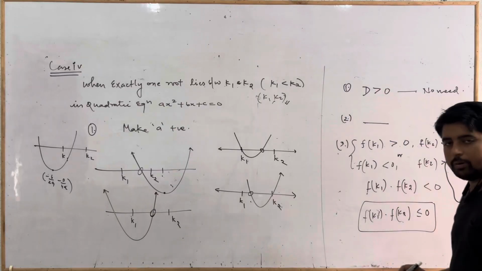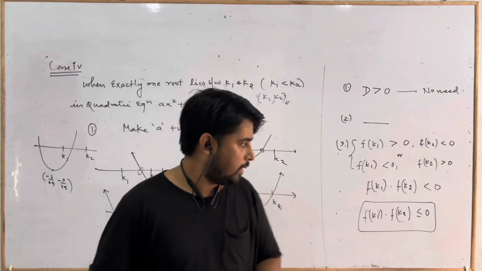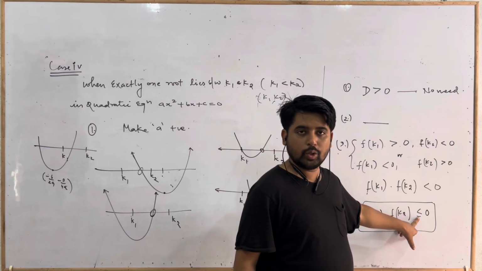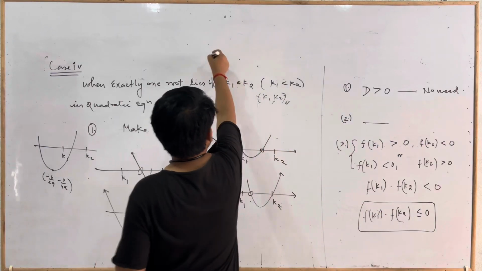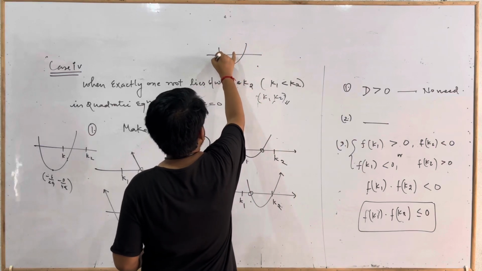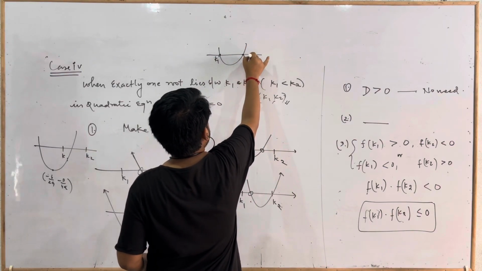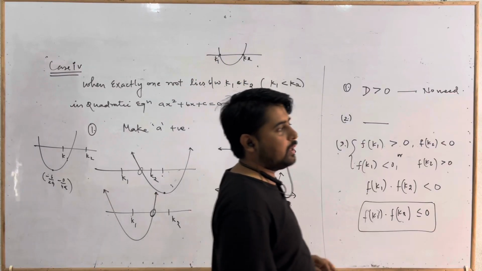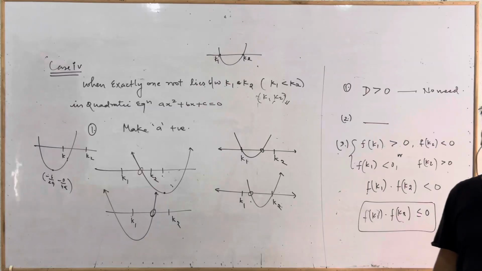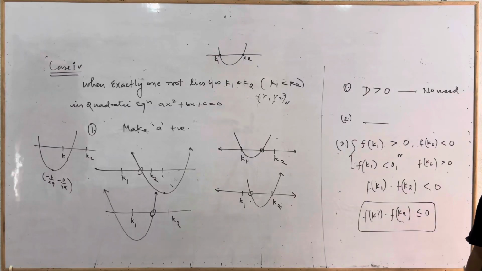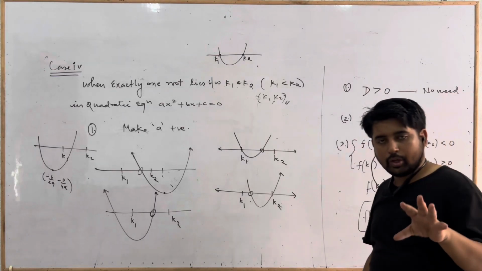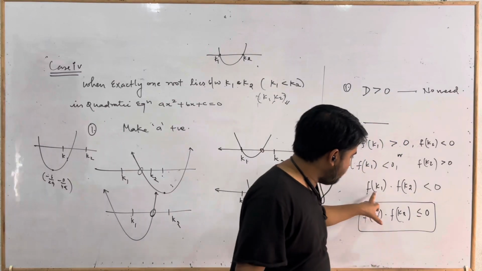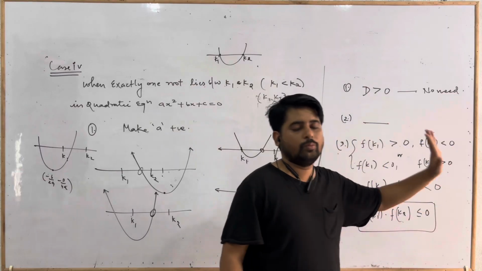But look at one point. If I always include the equal to 0, at some point this becomes also a case where k1 is there and k2 is there, and no roots lie between k1 and k2. Then what is the problem here? If you have a question of exactly one root, first solve with f(k1) into f(k2) less than 0.